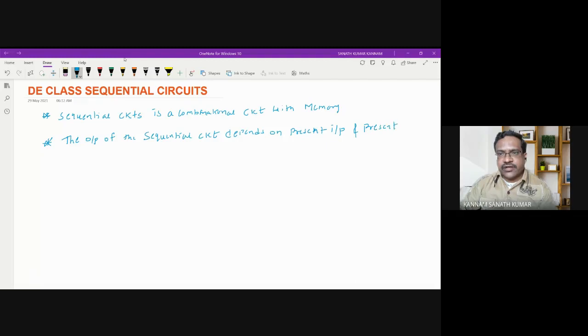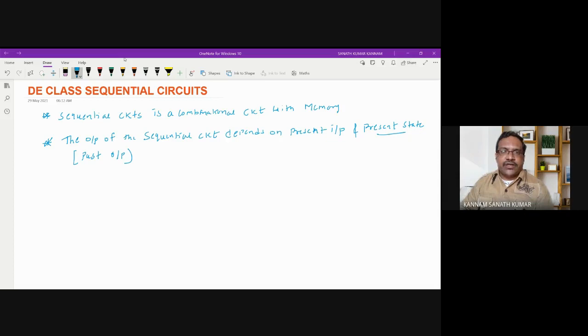This present state we call a past output. You need to remember these past outputs are nothing but what we call the present state. So the output of the sequential circuit depends on the present input as well as past outputs.